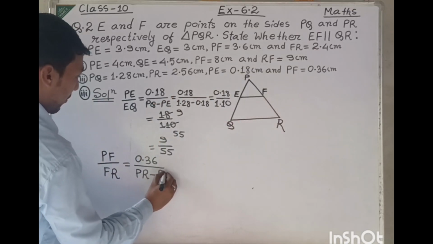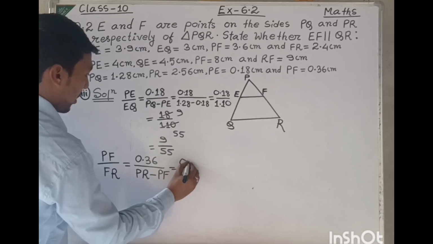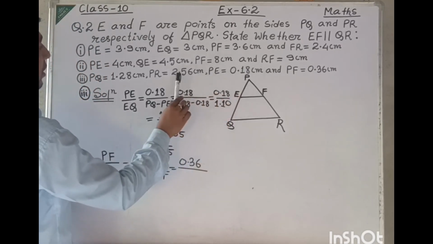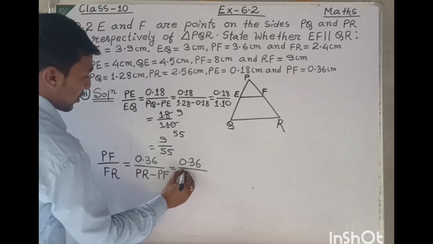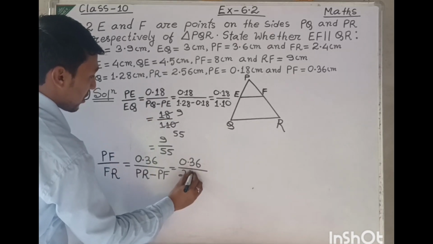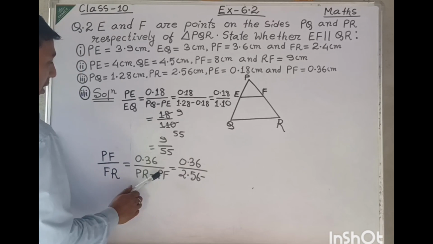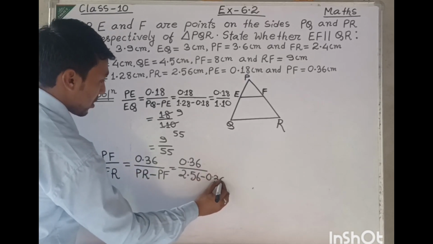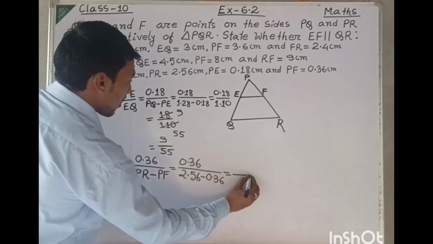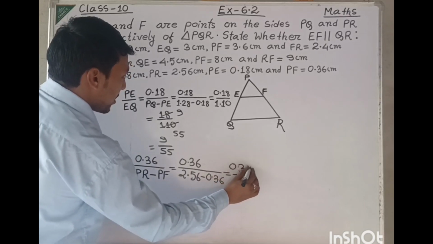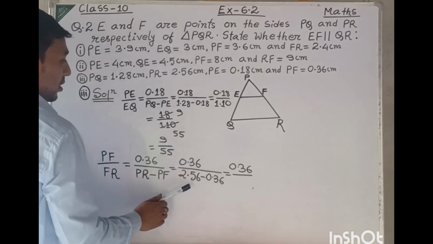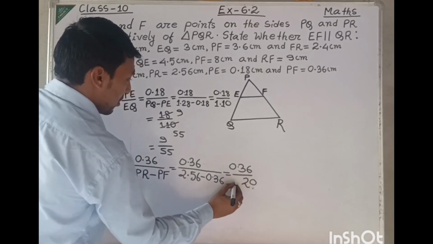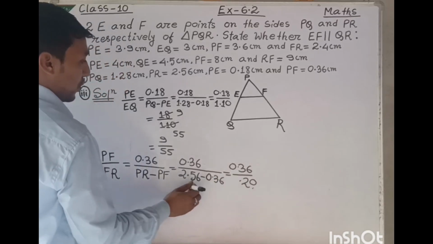So PF, 0.36 by PR, given in our question as 2.56. So right here 2.56 minus PF 0.36. So 0.36 as it is. Now you do minus: 6 minus 6 is 0, 5 minus 3 is 2. Point you write as it is, 2 you write as it is.